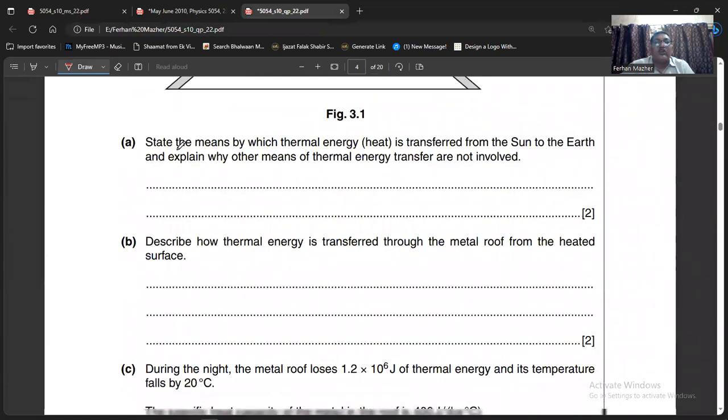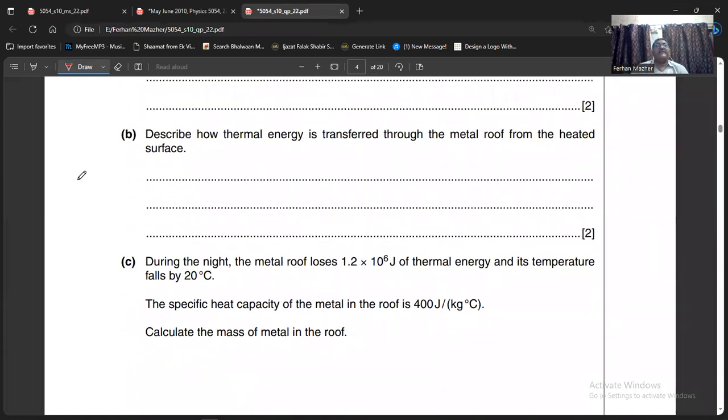Okay, so we are going to question number 3, B part. It says describe how thermal energy is transferred through the metal roof from the heated surface. Because they're talking about the metal roof, through the metal the heat will be transferred by the process of conduction.